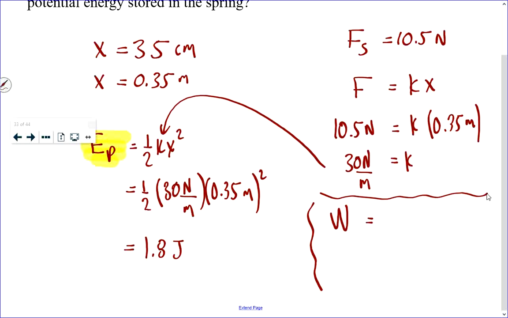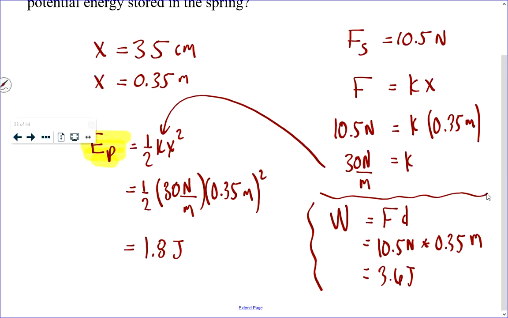And the work done is the force times the displacement, and they take 10.5 newtons times 0.35 meters, and they get what I want to say is 3.6 joules. Can you confirm that if you multiply those, it's 3.6-ish? That's wrong. What has this student done wrong?